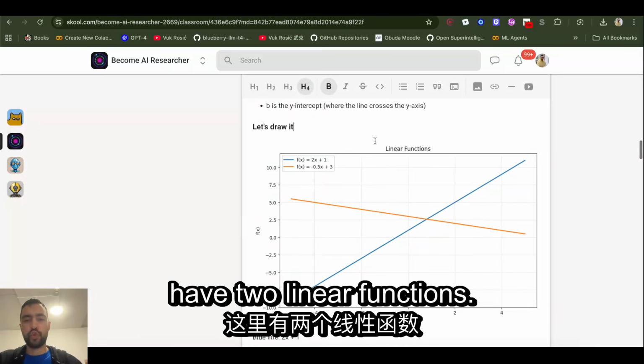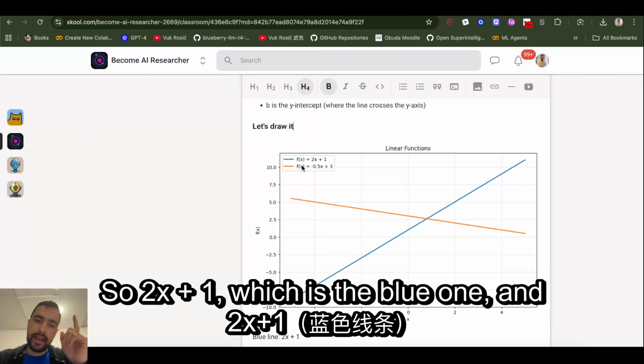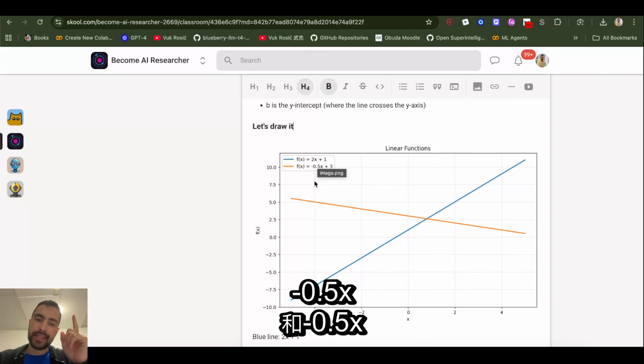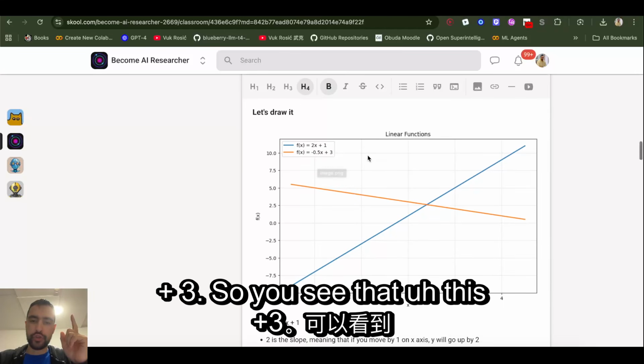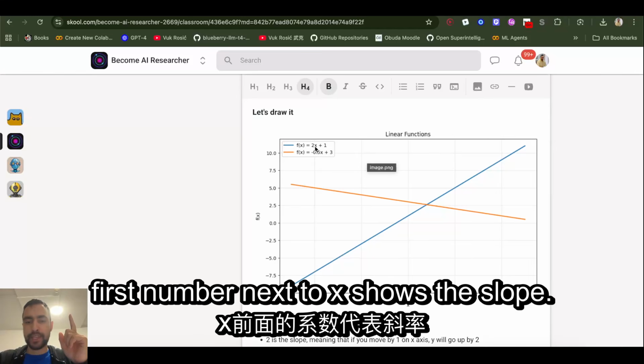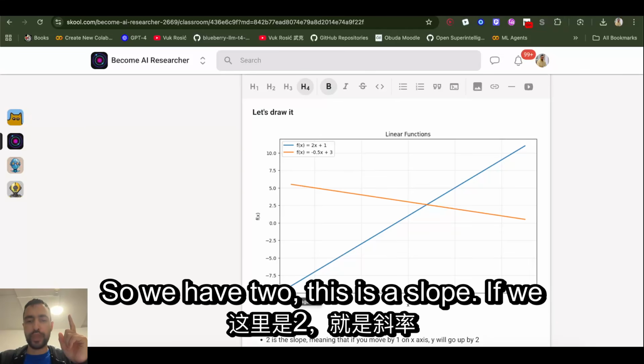Here we have two linear functions. So 2x plus 1, which is the blue one, and minus 0.5x plus 3. So you see that this first number next to x shows the slope. So we have 2, this is a slope.